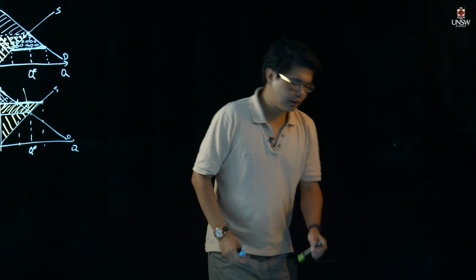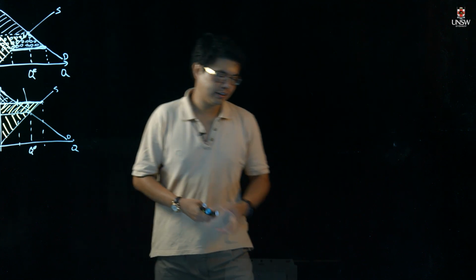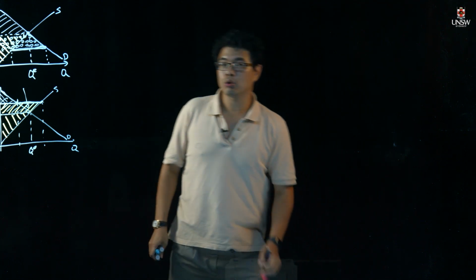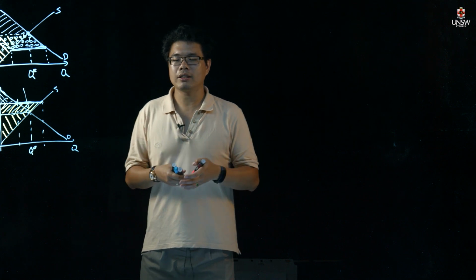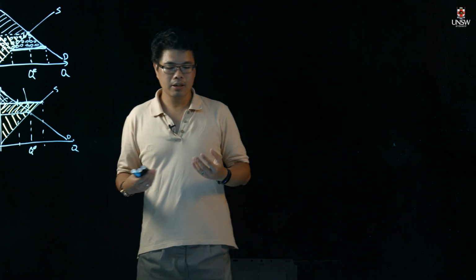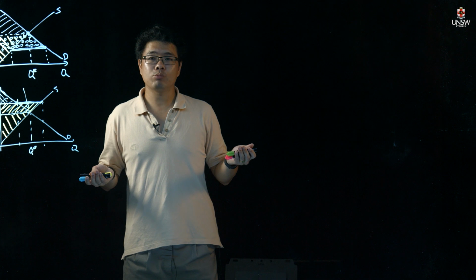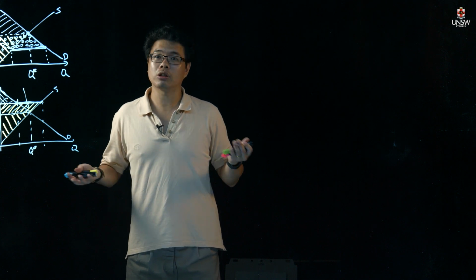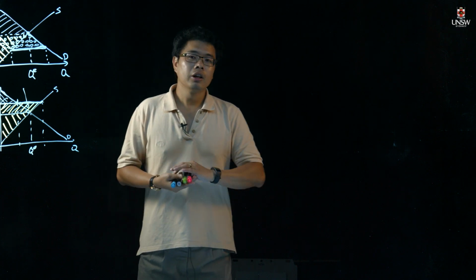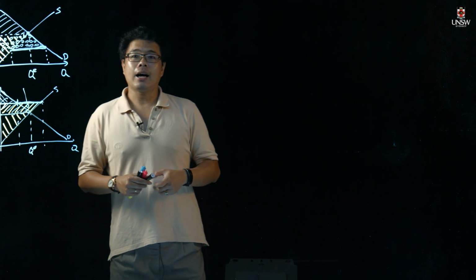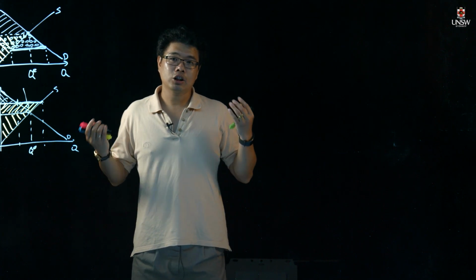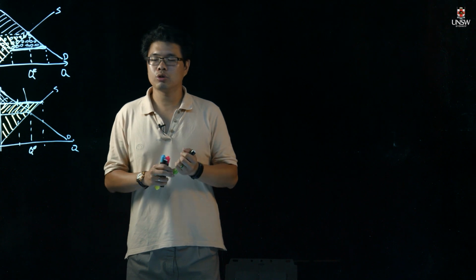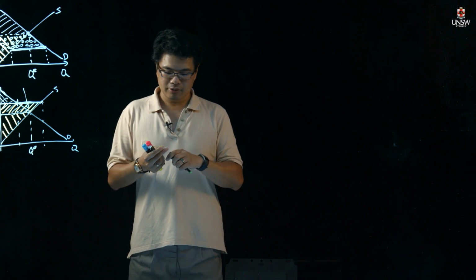So let's move on to the next thing, and that is talking about what the government can do. This stems from the previous chapter, where we talked a little bit about government intervention. Effectively, there are two tools that the government can implement to control trade.